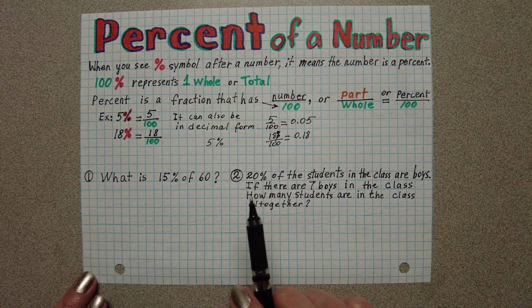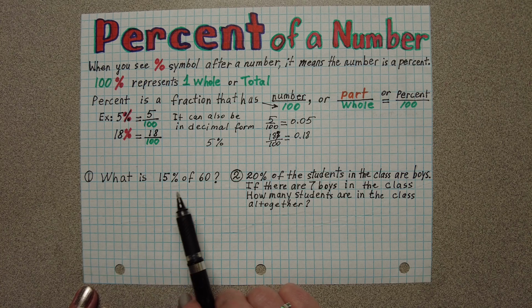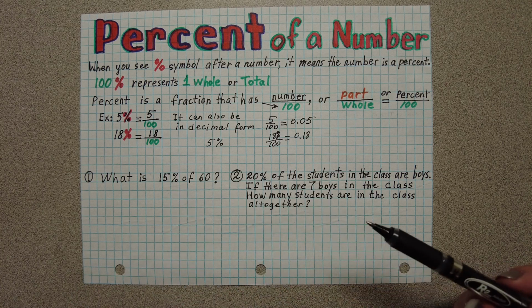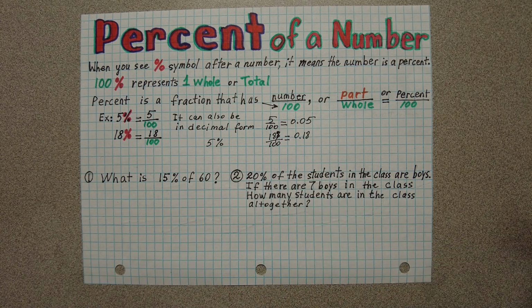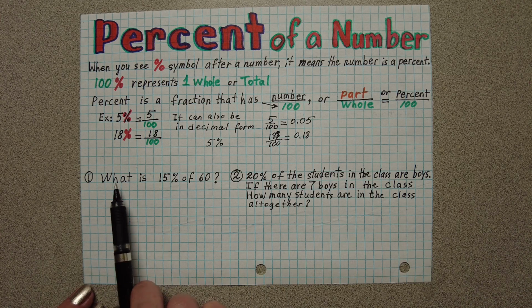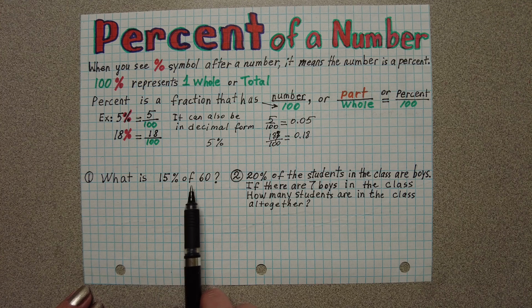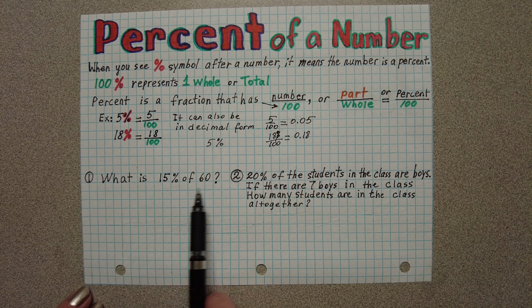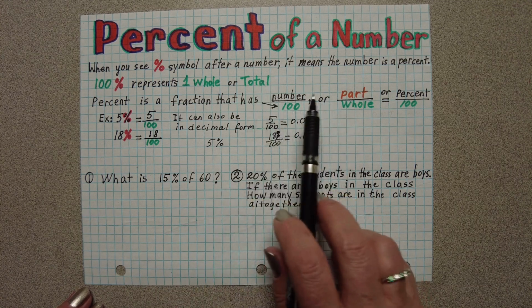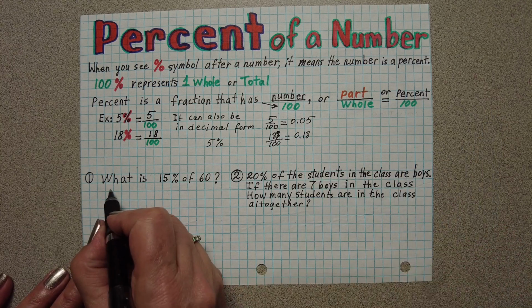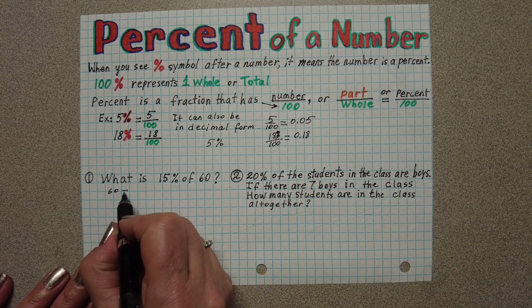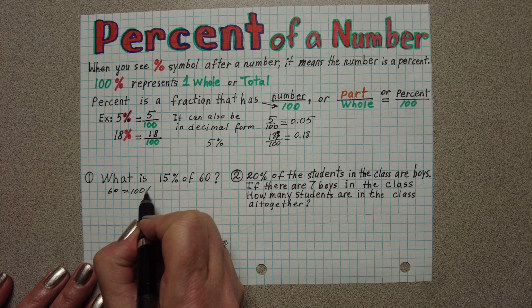Now let's do some exercises to find how we can find the percent of a number. Let's say we have, it says, what is 15% of 60? So 60 is our total, our whole number. 60 is our 100%, right?